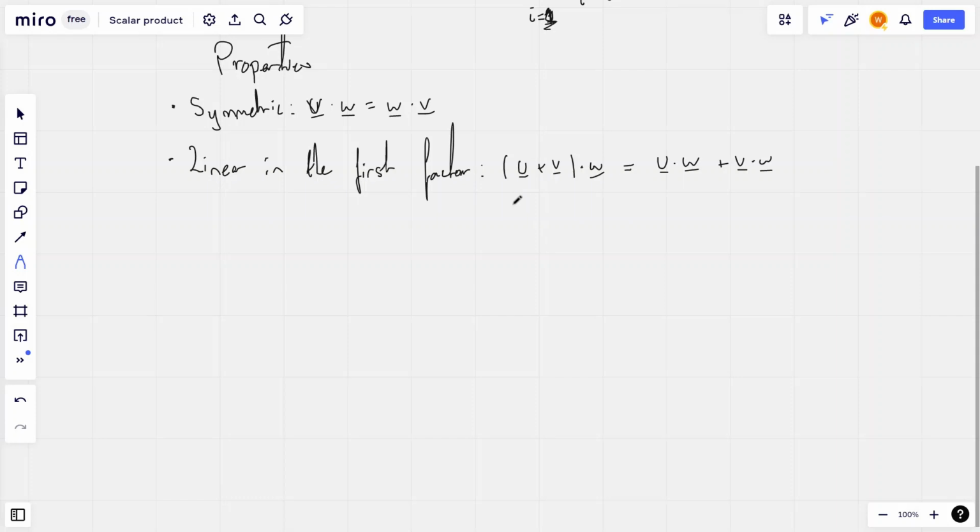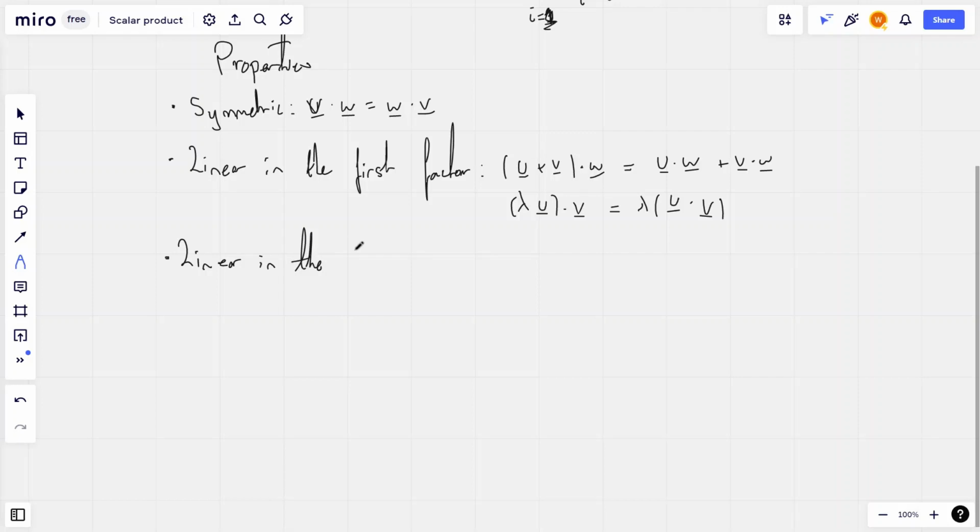And we also have that if we have some real number lambda multiplied by u dot some v, this is equal to lambda of u dot v.